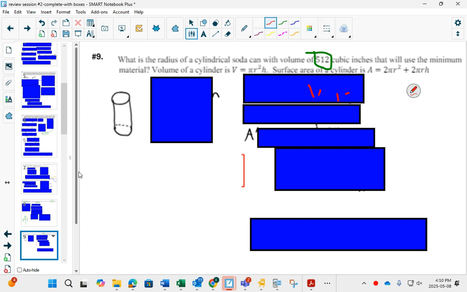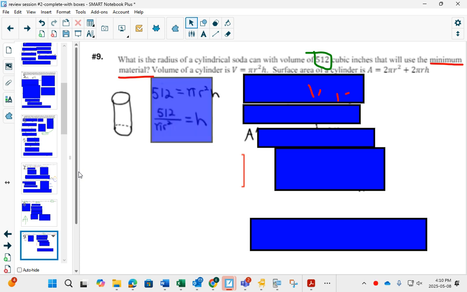So, we want a minimum surface area. It's an optimization point. What are we given? We're given a volume, and what that volume does is it allows us to rearrange our equation so we can either get h by itself or r by itself.